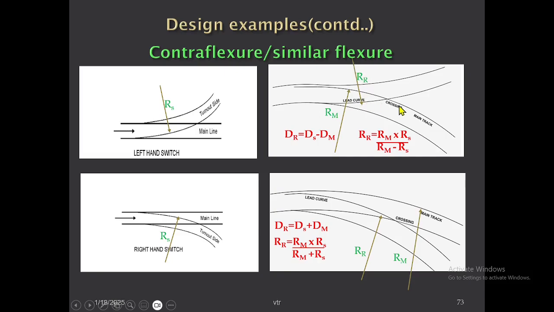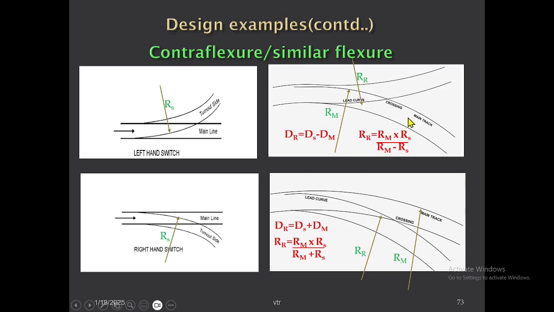It will be flattened, because when the main is bending, this track is also pulled this way, and the curvature becomes a little flatter. For example, this is a straight mainline. This is the radius of the straight turnout, Rs, or degree of turnout, Ds. So long as the main is straight, it will be as it is.